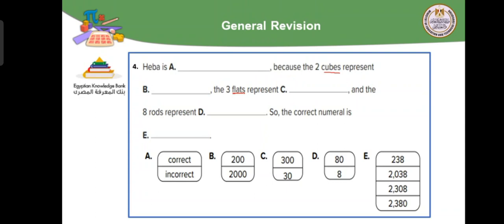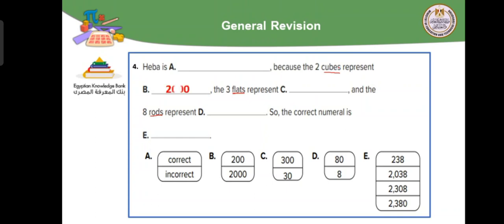And the 8 rods refer to what? Ones or tens or 100 or 1,000. Okay, then the correct numeral is what? 2 cubes means, excellent, 2,000.